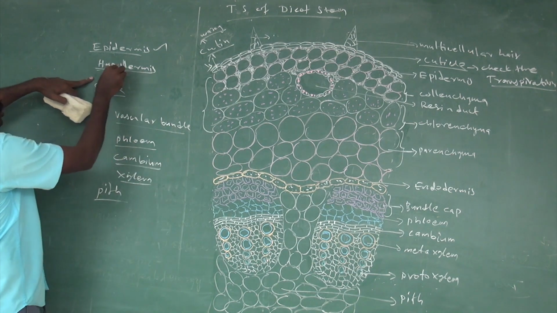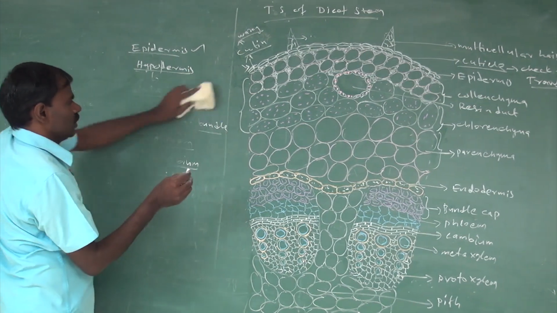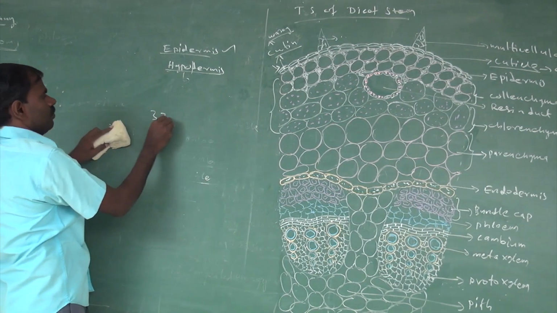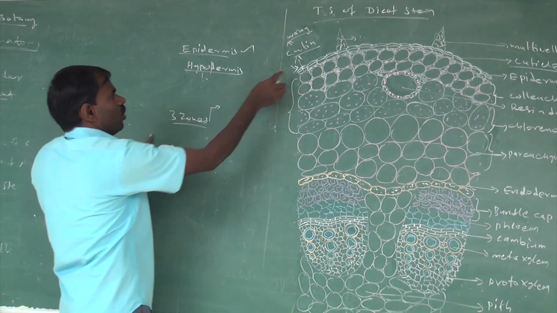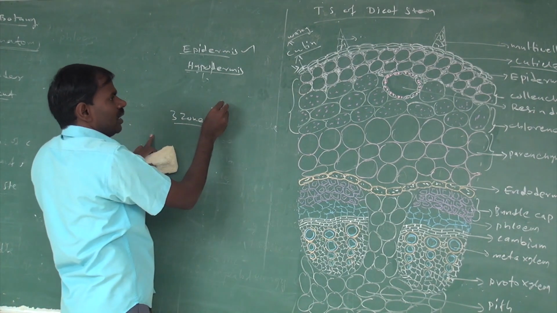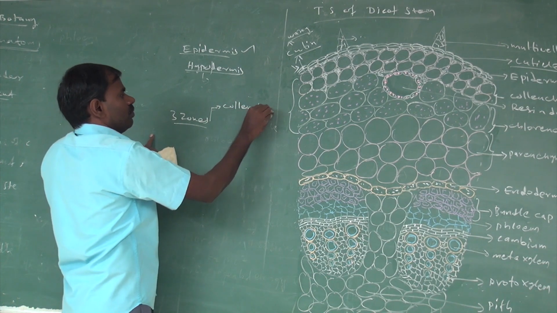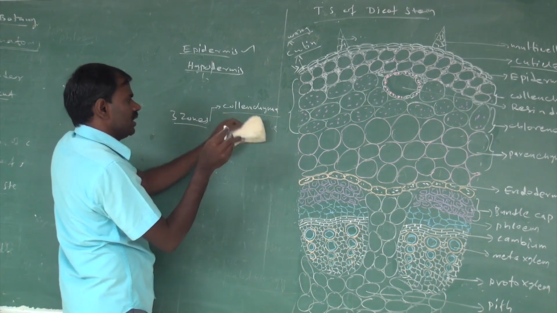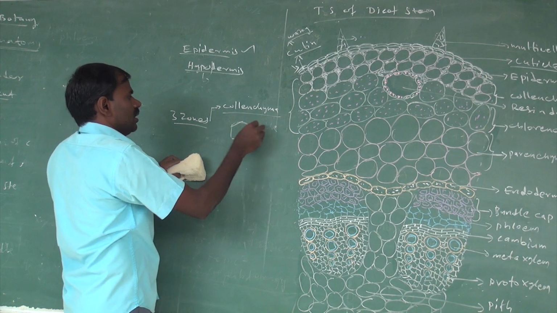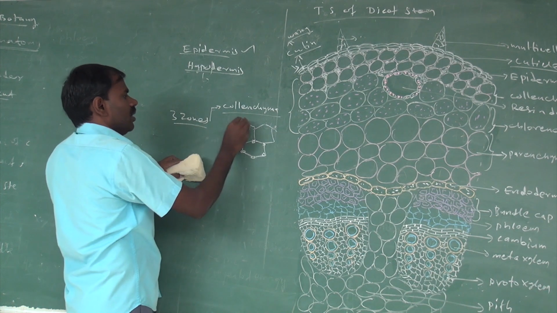There are three zones present in the hypodermis. Hypo refers to below, so below the layer of epidermis there are three zones. Below the epidermis, the hypodermis is made up of collenchyma tissue, specifically angular collenchyma, with thickening at the angles or corners.